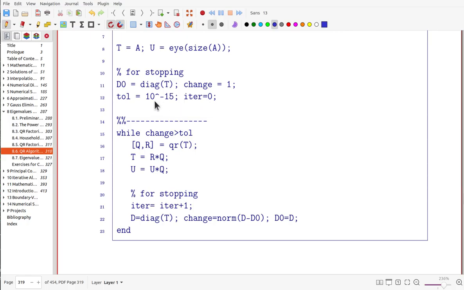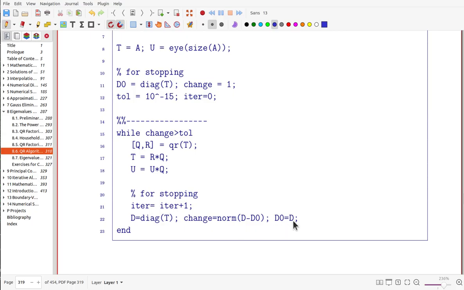Now in each iteration for T, we make a QL factorization, and multiply in the opposite way to get new iterates, and we update the transformation matrix. And then in each iteration, we increase the count by 1, and then we choose the diagonal entries, and the difference between an earlier diagonal entry and the new one will be measured by using the 2 norm, and the result is change.